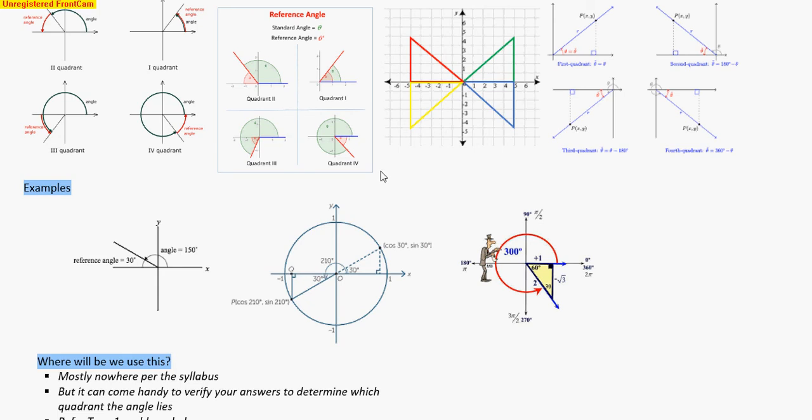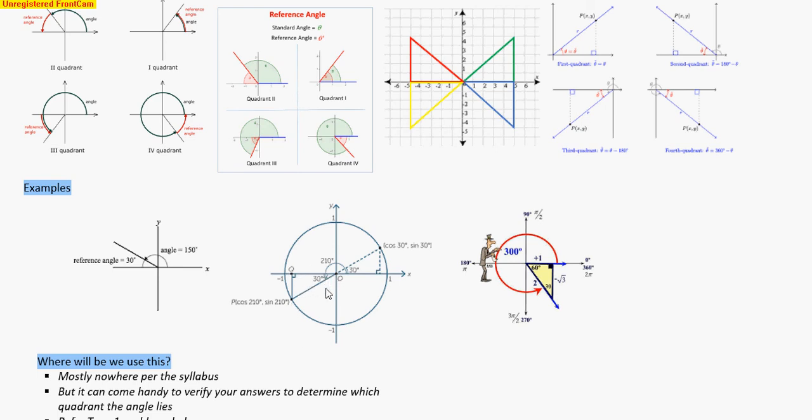In quadrant 3, to find the reference angle, first I need to draw the reference triangle over here, the yellow one. I've drawn the reference triangle because this side is my terminal side, and this angle over here, that's my reference angle.